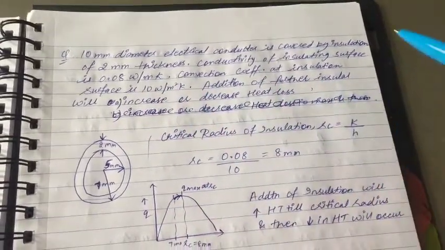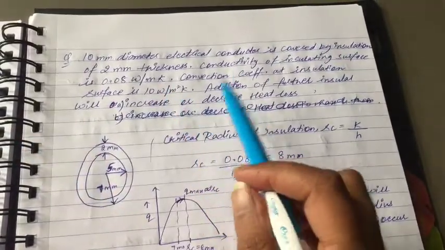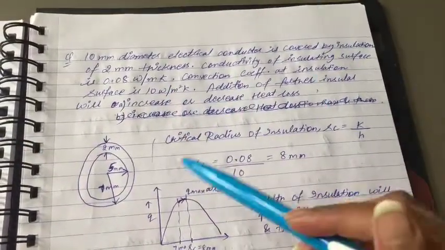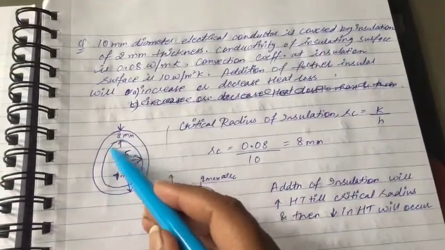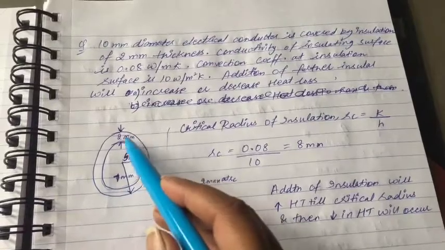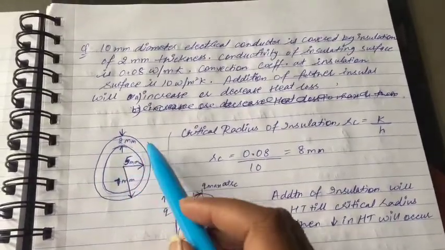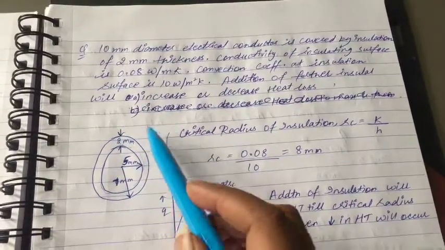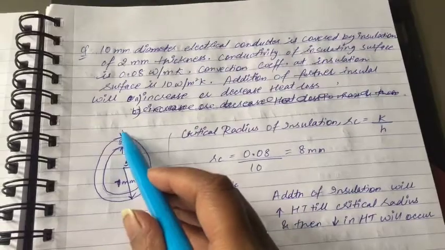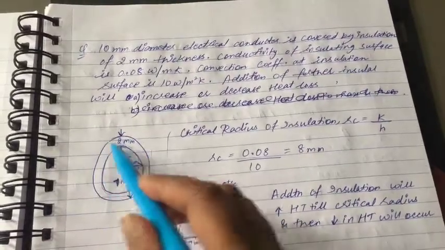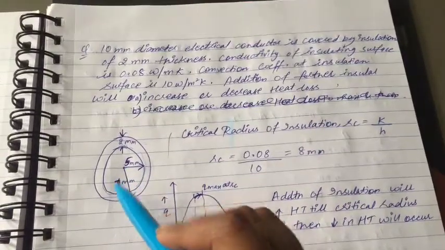We have to find whether the addition of further insulation would increase or decrease the heat loss. So we have our 5 mm radius surface rod, and outside it a 2 mm thickness insulator is covering it, and so the total radius would be 7 mm.